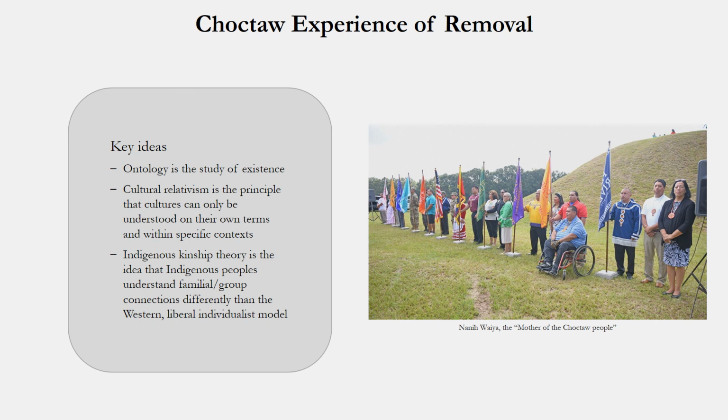In the case of the Choctaw, their constitution as a people included the land itself. As explained by Akers, they identify with an ancient burial mound known as Nanih Waiya, which they call the mother of the Choctaw people. Think about how this designation of Nanih Waiya as mother reflects a crucial aspect of indigenous kinship. Territory and cultural identity are intrinsically connected.